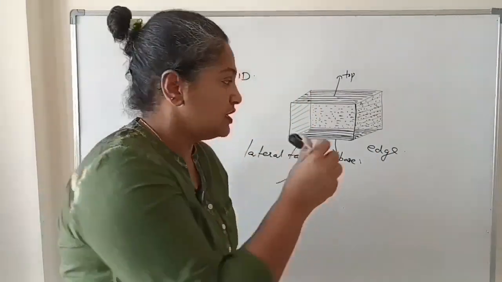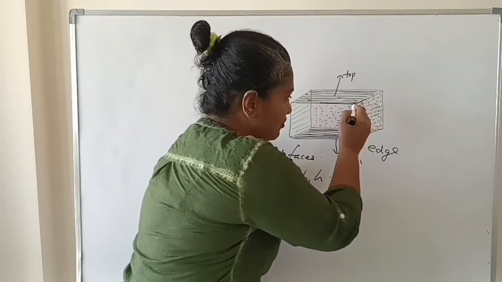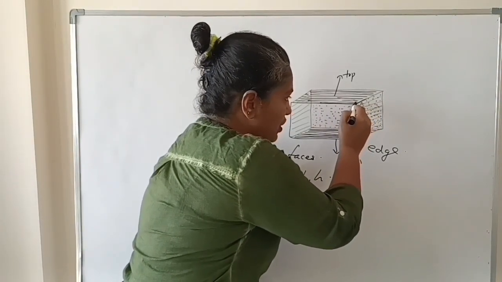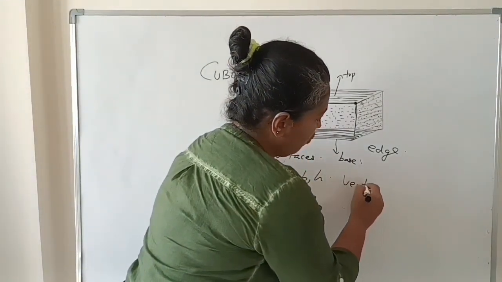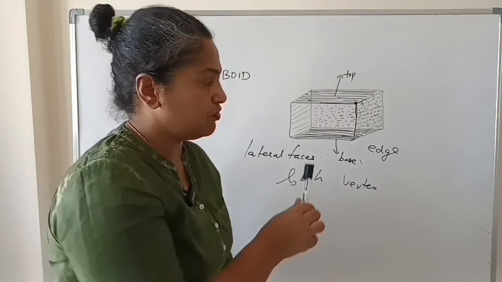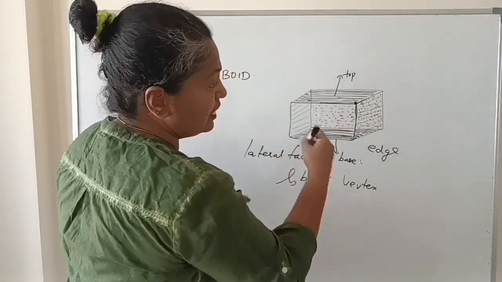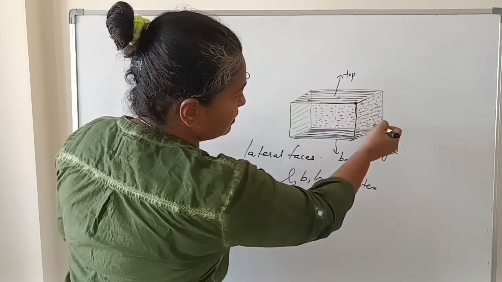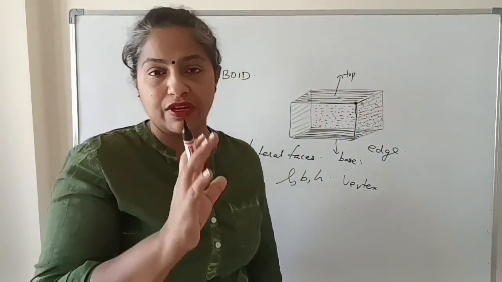Okay. And 1 edge, 2 edge and 3 edge. 3 edges meet together to form a vertex. So, how many vertices does a cuboid have? 1 here, 1 here, 1 here and 1 here, and similarly on the back. A cuboid has got 8 vertices.